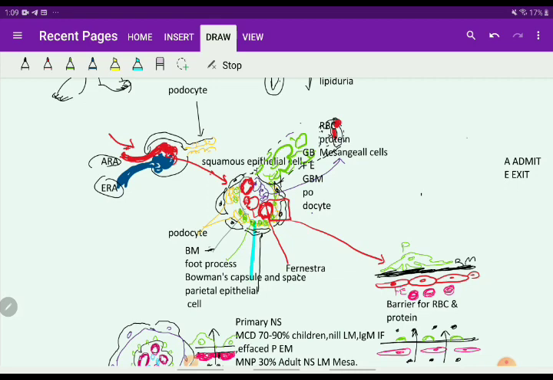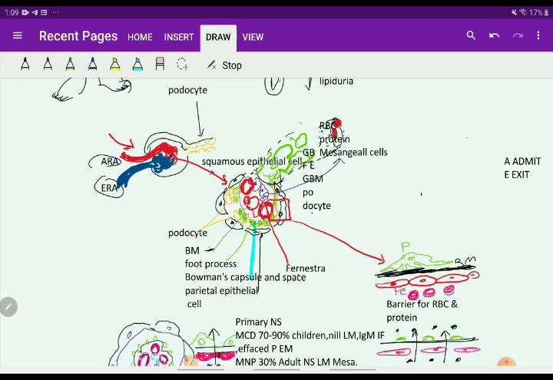So normally no protein is lost into the Bowman capsule, and the blood takes back the protein and the cells, and only the plasma minus protein is filtered via this barrier.